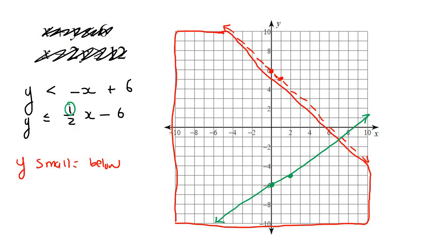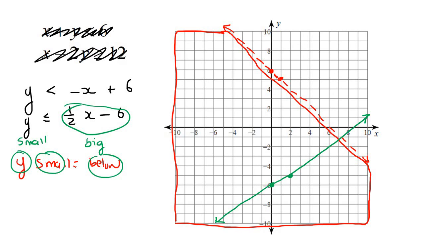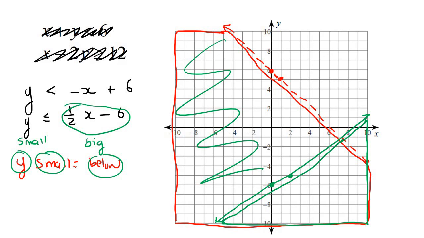Now, if you look, the crocodile's mouth is facing towards this side. So it means that this side is big, and it means that the y is small. Once again, when y is small, then you always shade below. So we're going to shade this area beneath the line.